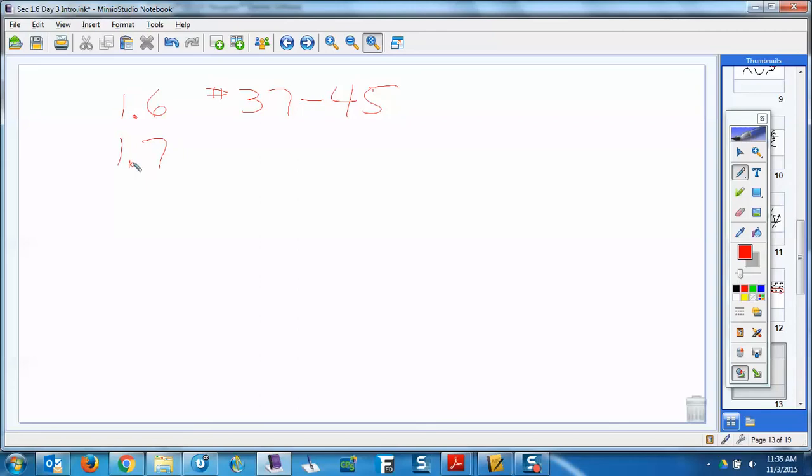So that's 1.6. 1.7 is 14 through 22, 25, finish 27, which was like the one we just did, which was 26. 32, 33, 43, and 44.